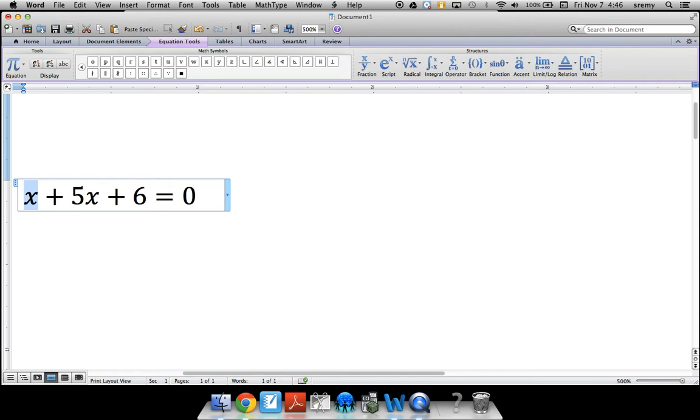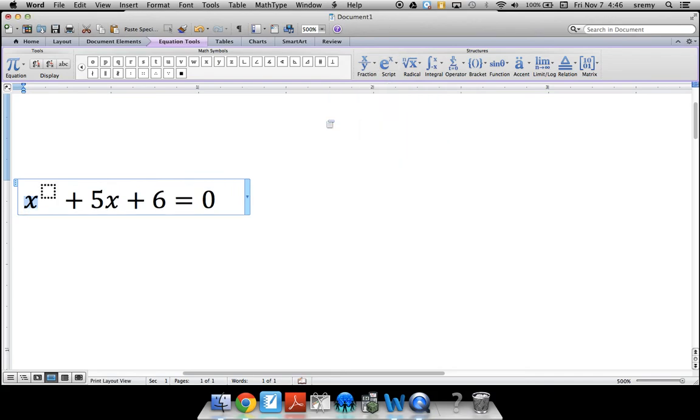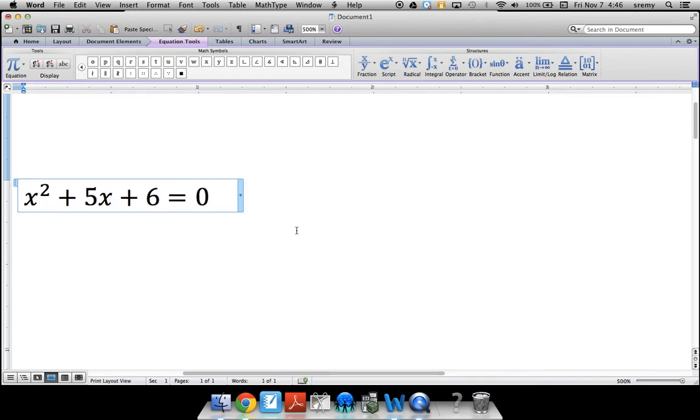If you want this to be an x squared, you have two options. You can go to the script one and hit this, and that'll give you a little box where you can put the 2 in. Or, if you want, you can just go in front of the addition sign and go up to script and hit the x squared button, and it puts the x and the exponent in there for you.